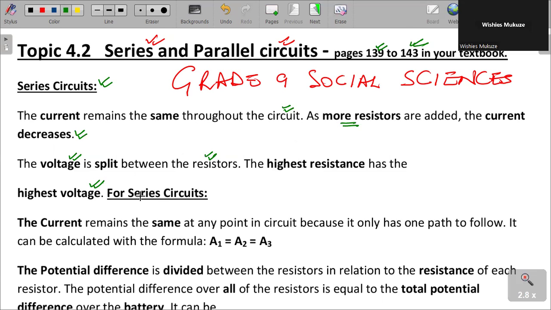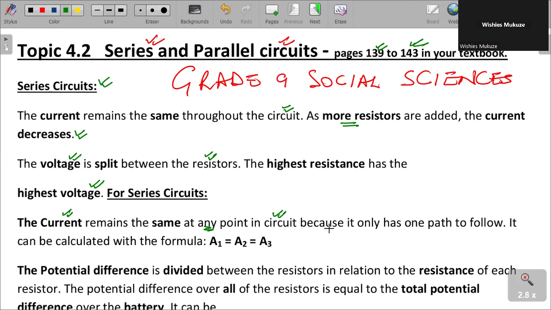So for a series circuit, the current remains the same at any point in the circuit, because it only has one path to flow.